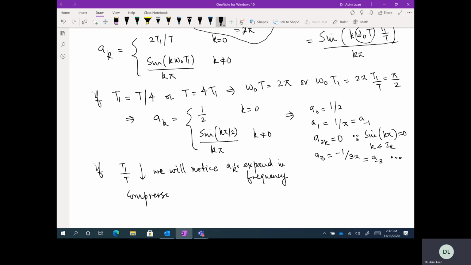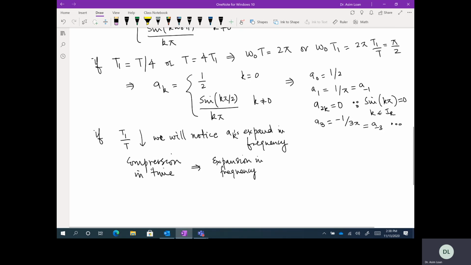So compression in time implies expansion in frequency, and vice versa. So compression in time implies expansion in frequency. Expansion in time implies compression in frequency, and vice versa.